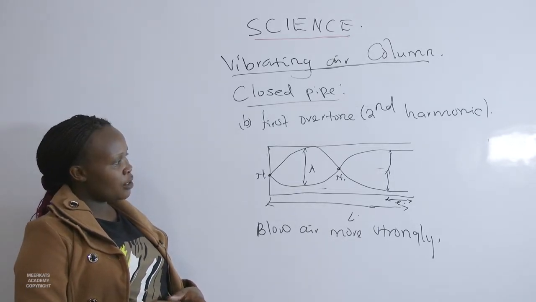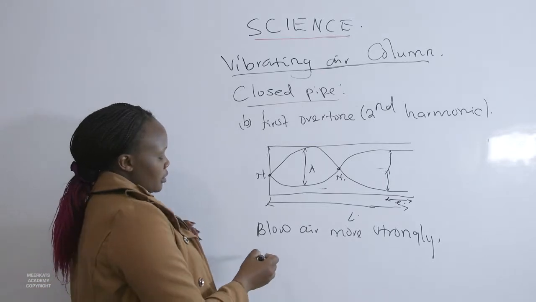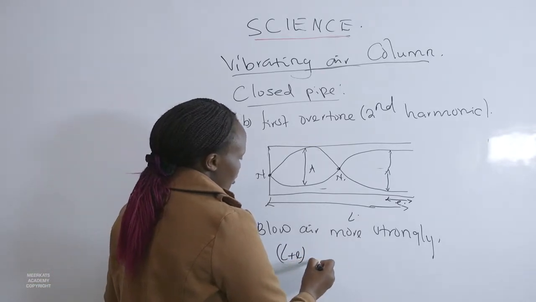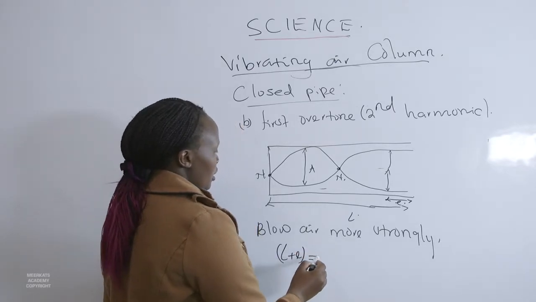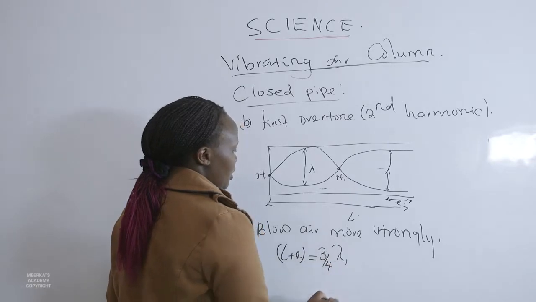Now, here, if we look at the diagram, L plus E represents 3/4 of a wavelength.